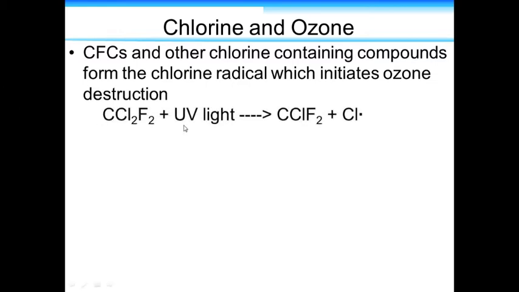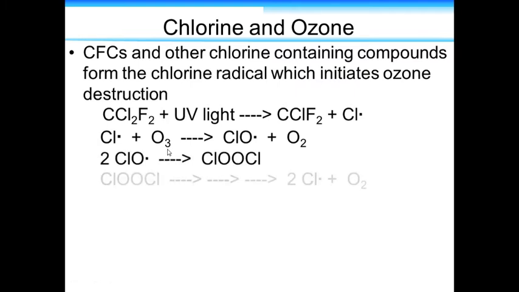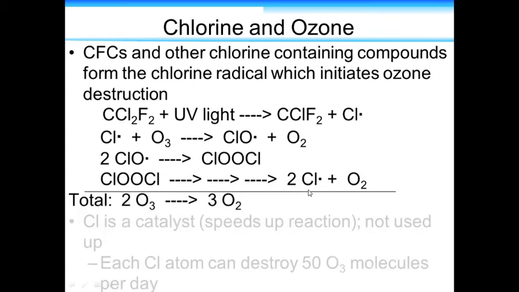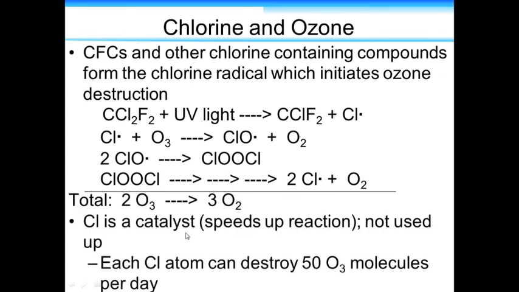So the CFC, again, UV light, that chlorine pops off. That chlorine can then strike an ozone molecule, and the chlorine radical is regenerated. It's a catalyst. It's not used up, so a single chlorine atom can destroy 50 ozone molecules per day, roughly.